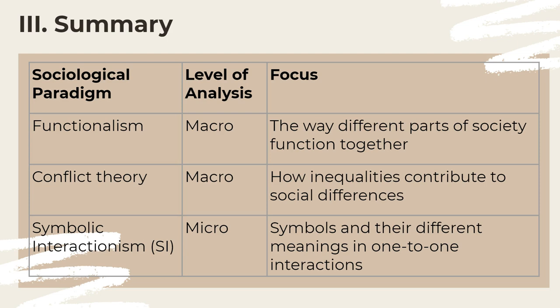In conflict theory, which also takes the macro level of analysis, instead of focusing on cooperation, working together, and exchanging with each other, it emphasizes power differential, inequalities among different groups of people, in part because they're trying to compete for limited resources. And lastly is SI, Symbolic Interactionism, which looks at the micro level, and they focus on symbols and the meanings that are attached to these symbols, and how they can convey in one-on-one interactions.